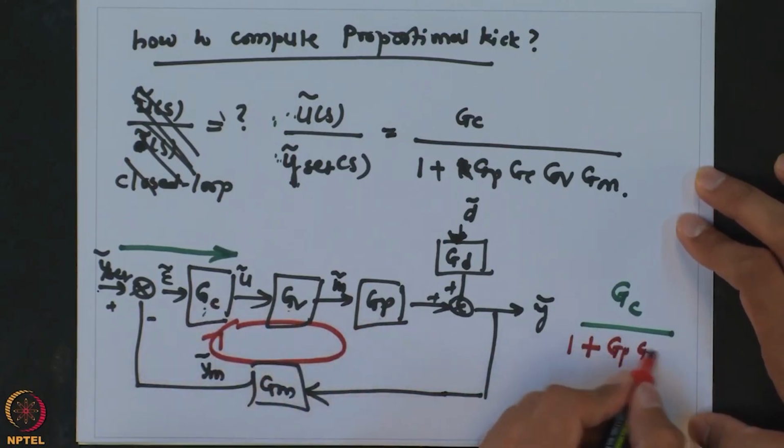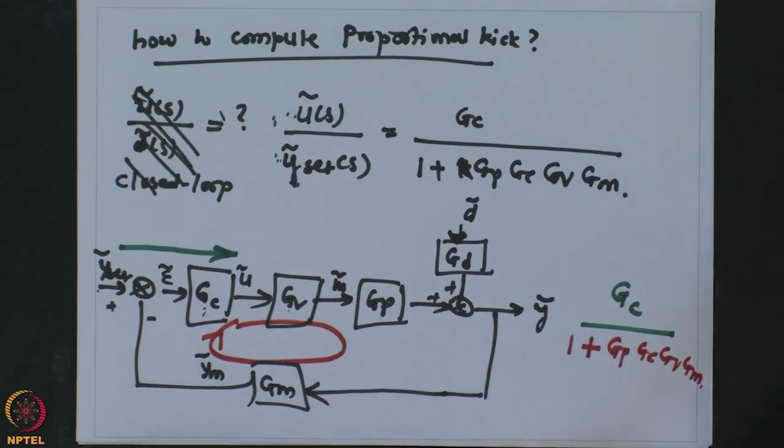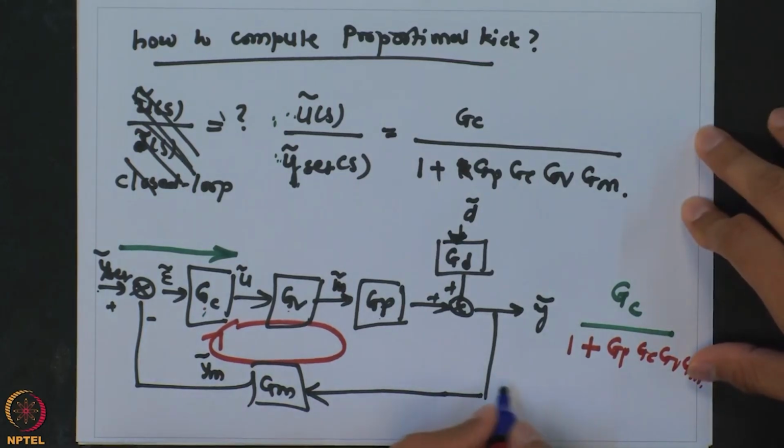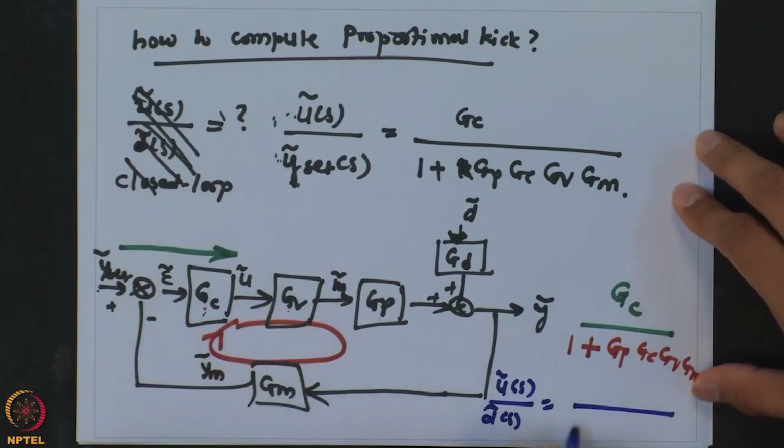So, it will be GP, GC, GV and GM. Using the same logic, if we were interested in finding the transfer function between, let us say, U(s) over D(s), then the denominator remains the same because the closed loop is not changing.